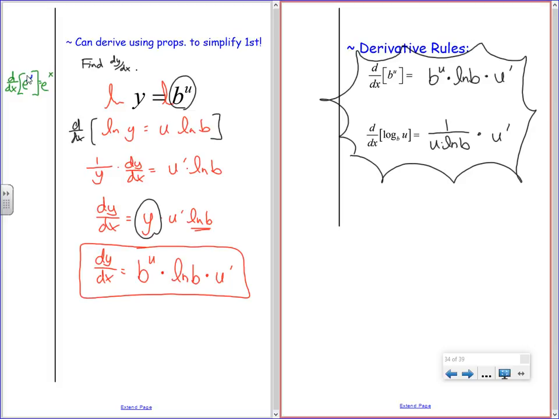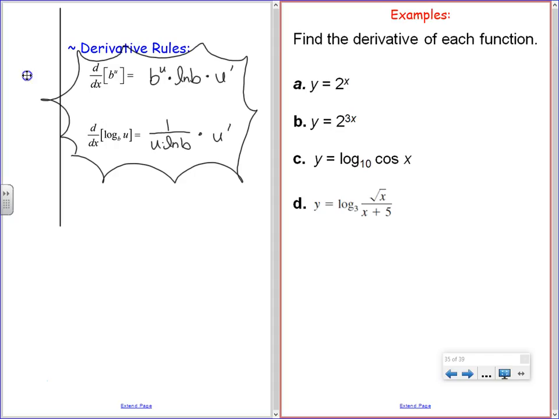Right? So you guys, ready, set? Go! Go, go, go, go, go. We didn't find u prime. Square root of x over x plus 5.